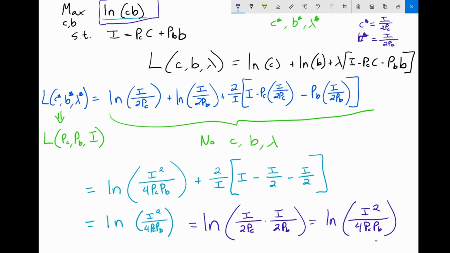Okay, so what we see here is that when you plug the optimal values back into the Lagrangian function, you get the exact same thing as if you had plugged the optimals directly back into the utility function. I alluded to this before, but now I've just shown it to you, I've proven it to you, and you'll have an opportunity to do that as well on the homework.